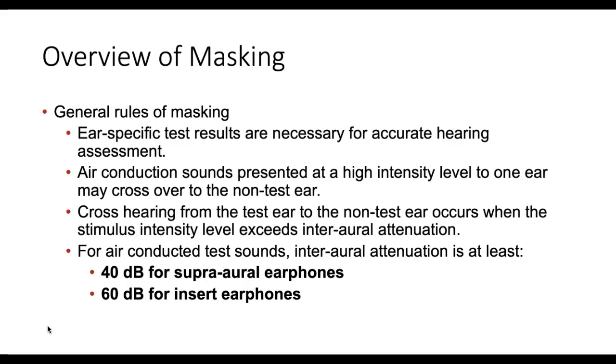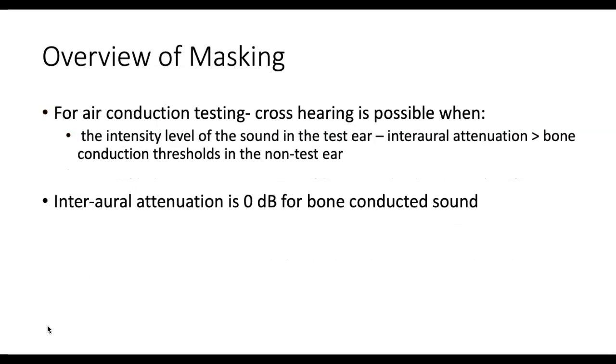A lot of people use insert earphones because interaural attenuation is greater for them, and so it reduces the amount of masking you have to do. For air conduction testing, cross-hearing is possible whenever the level in the test ear minus interaural attenuation is greater than bone conduction in the non-test ear.